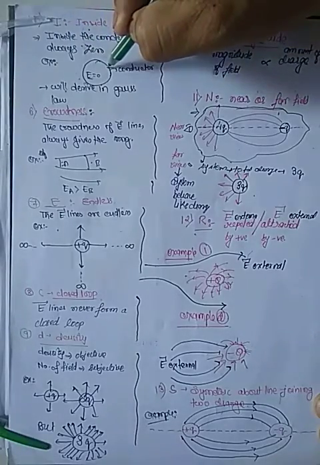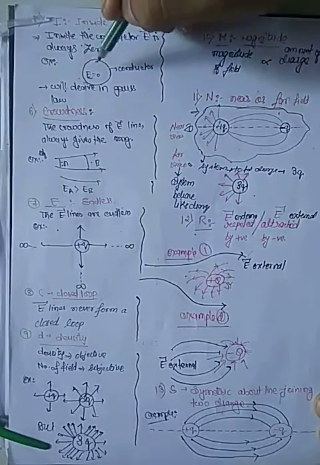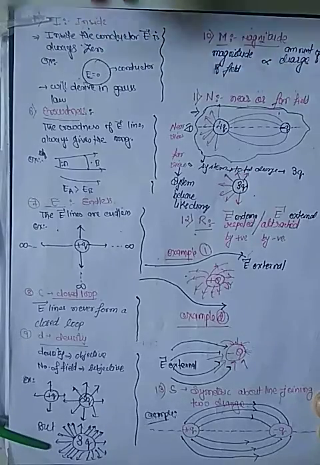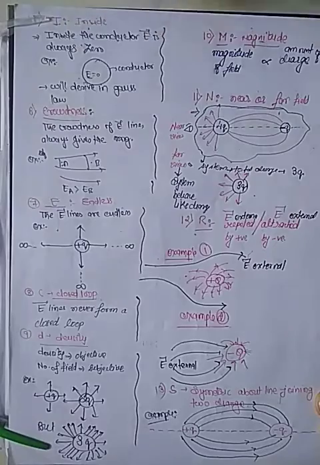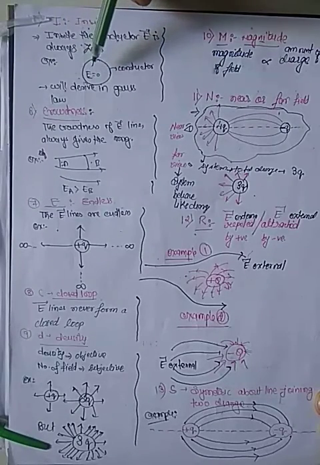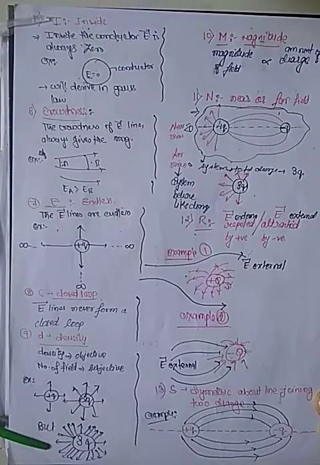Keep this in your mind, very important, because it will come in the third chapter, the fourth chapter, and part 2 also. We will discuss this again in Gauss law.